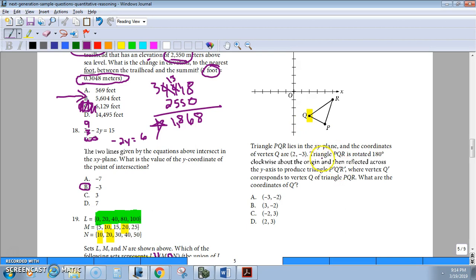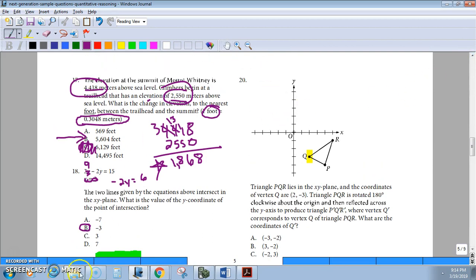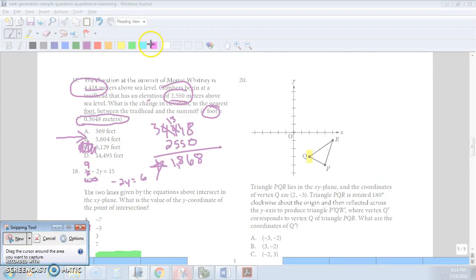So first of all, if I rotate this 180 degrees, I wonder if I could do something with this.